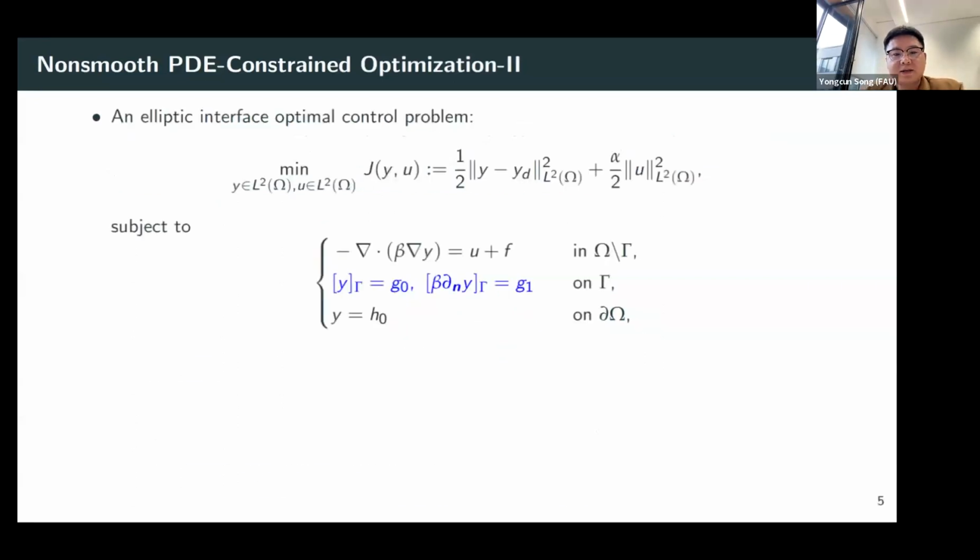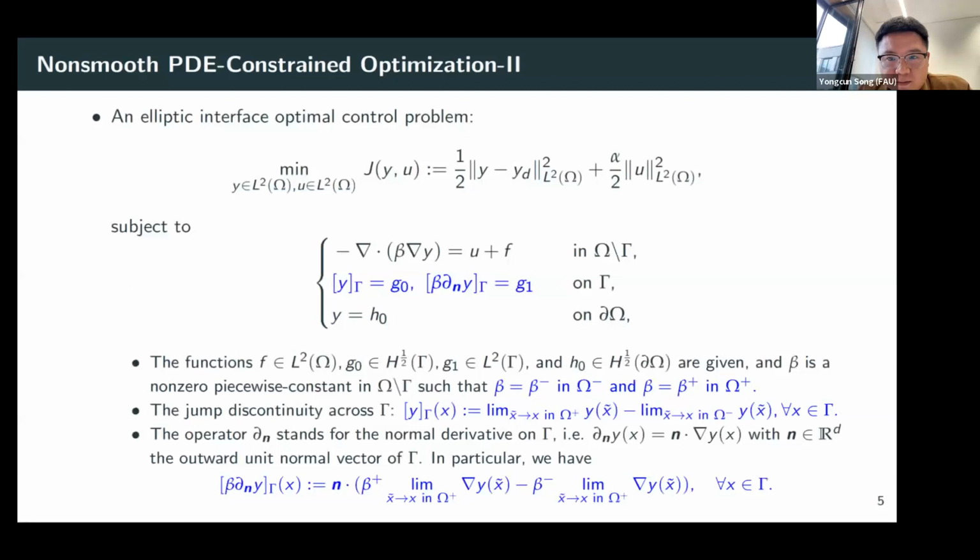Here is an example. We focus on an elliptic interface optimal control problem, and the objective functional is smooth, a very standard L2 norm. The state equation is an elliptic interface problem.